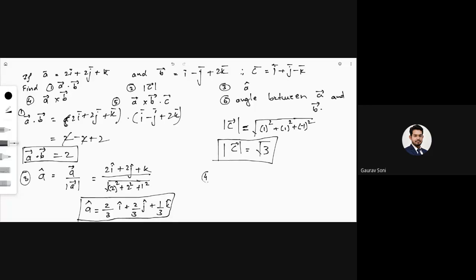Fourth one, A bar cross B bar. How do we find A bar cross B bar? Ganesh Desai. Yes, sir. How do we find out A bar cross B bar?